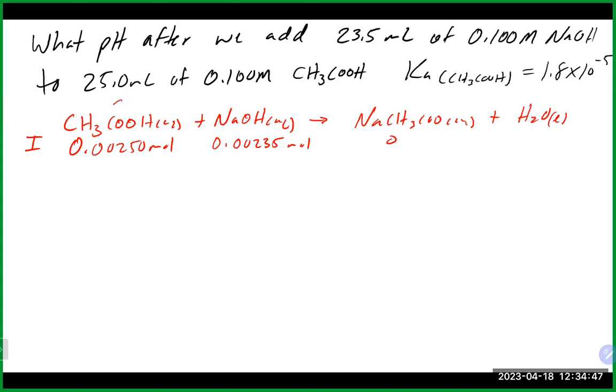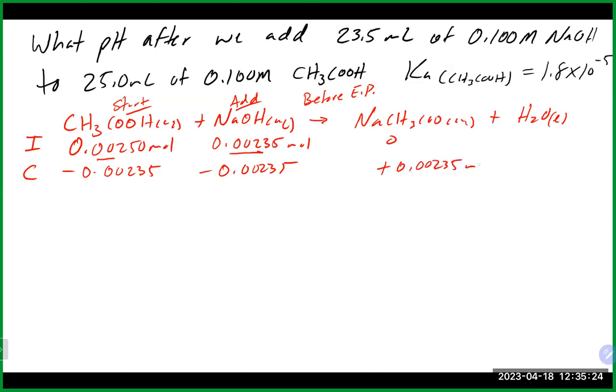Once again here, this is what we are starting with. This is what we are adding. Am I before, after, or at the equivalence point? I am before the equivalence point in this case, as I have fewer moles of what I'm adding compared to moles of what I am starting with. That tells me that the change should be the base in this case. So the change will be minus 0.00235, minus 0.00235, and plus 0.00235 moles.